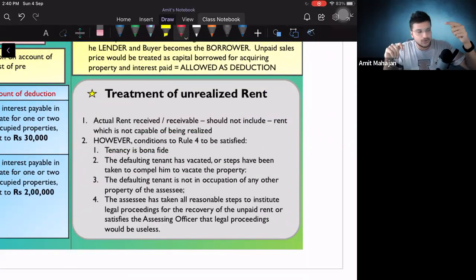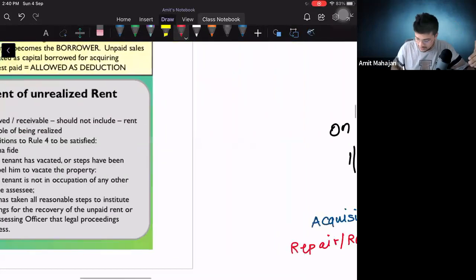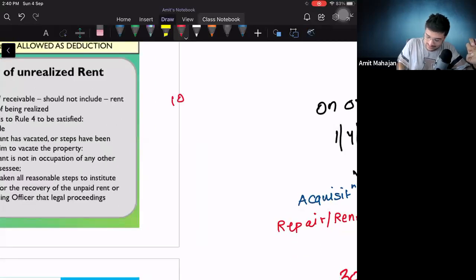If you remember, we compared expected rent and ARR. What is ARR? Actual rent received. So when I compare my expected rent with actual rent, I compare the actual rent received. For example, if the property is let out for 12 months, 10,000 per month. So can I say my actual rent is 1,20,000?